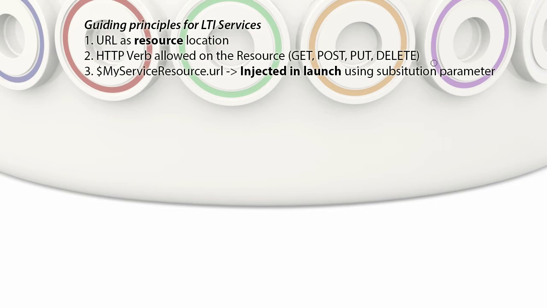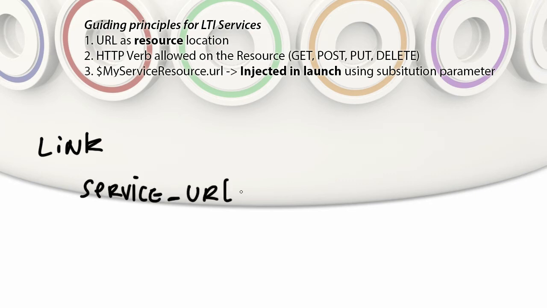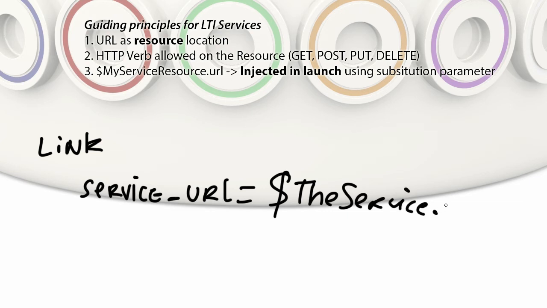So now, let's say there is a new service around, and you care to use that service. When you declare a link, you're going to say this link wants to have access to the service. So you're going to say, I'm going to have a new parameter, which is service URL. And you're going to say, okay, and what is going to be this value? This value is going to be, I don't know, like the service.url.